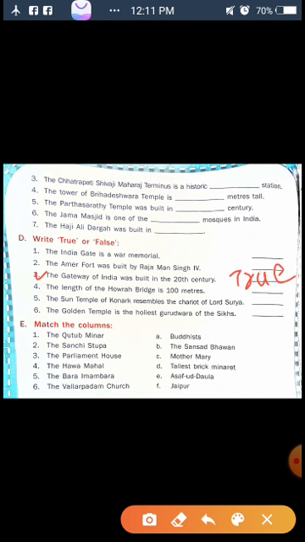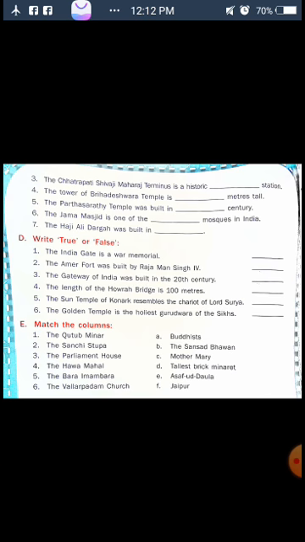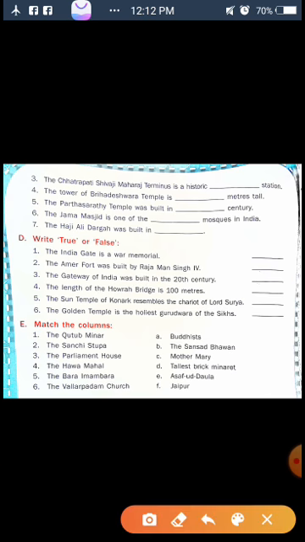No, this is false. It is 747 or something, but not 100. Then number 5, the Sun Temple of Konark resembles the chariot of Lord Surya. Yes, it is true.